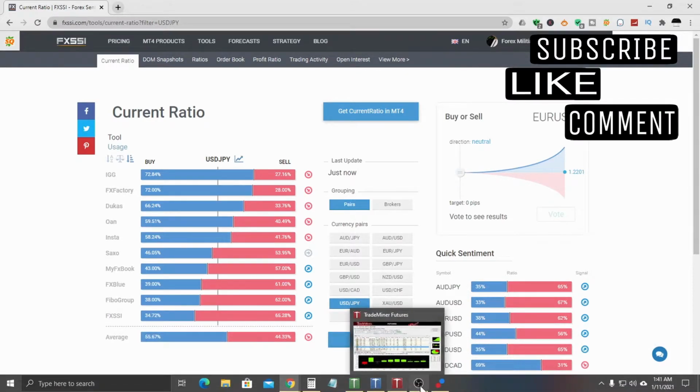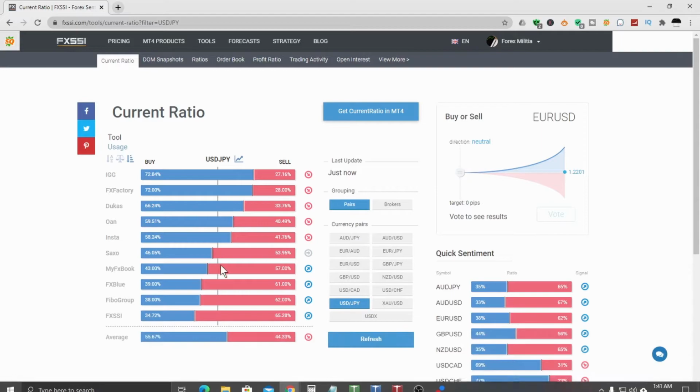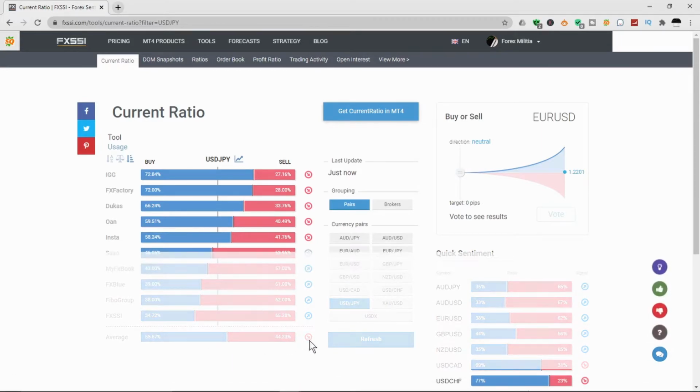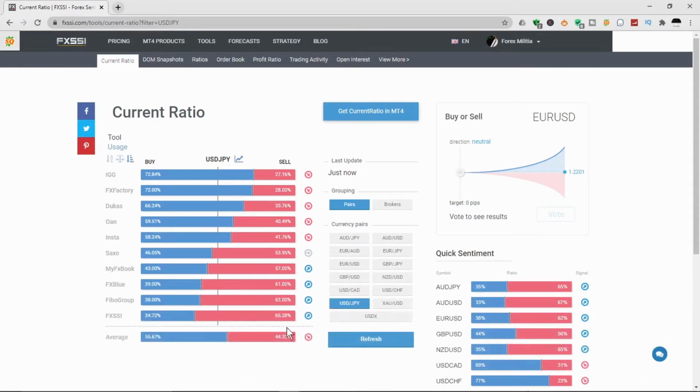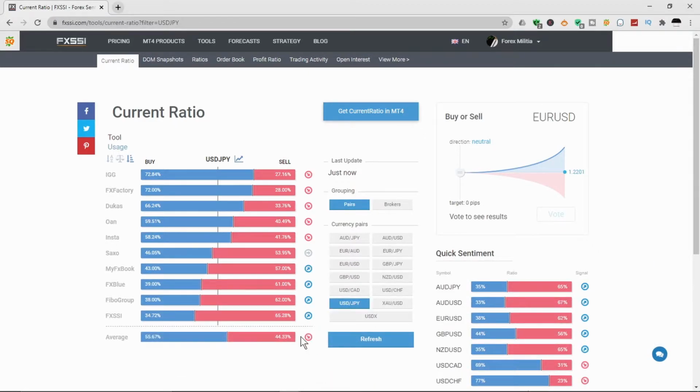So that means that it's changing over, with most people going long, saying that this is short. So what I believe is going to happen is that this is going to move this way, that they are actually going to go short, and then the sentiment will be taking this long.